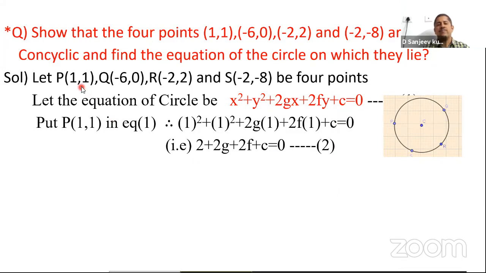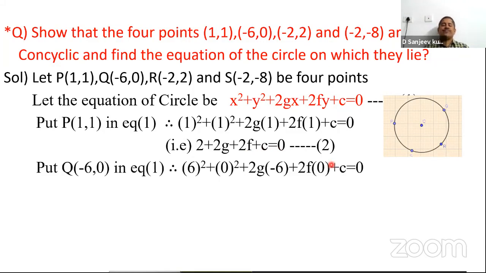I am not saying this (1, 1) is straight away a point on the circle. I am just checking whether these points are concyclic, so I put P(1, 1) in the equation. We are just verifying it and forming a circle. So 2 + 2g + 2f + c = 0 is equation number 2. Next, take the second point, (-6, 0).